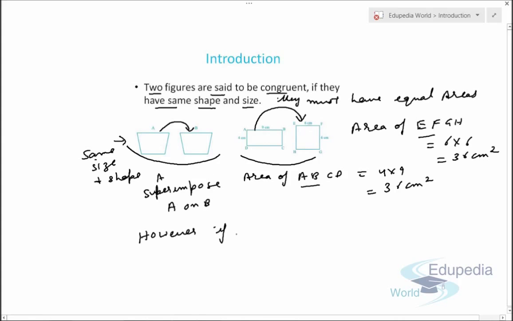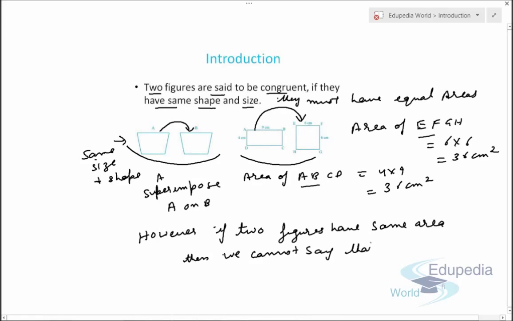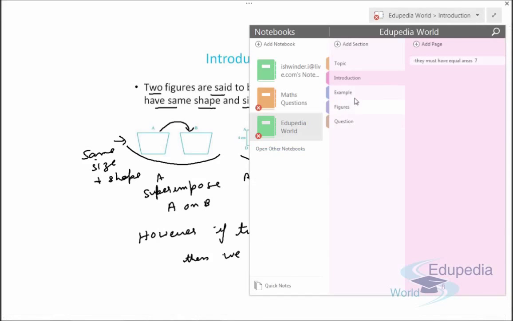However, if two figures have the same area, then we cannot say that they are congruent. For congruency, they should have the same shape and same size, meaning they should exactly superimpose on each other. So this is the first and the last criteria for congruency, which helps us understand the area of parallelograms and triangles. Now let's discuss the example related to this.